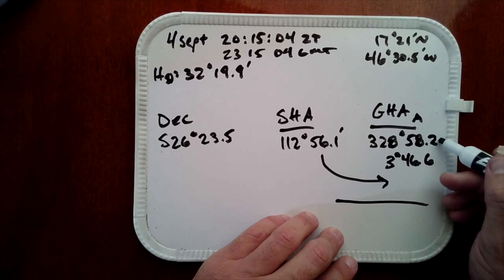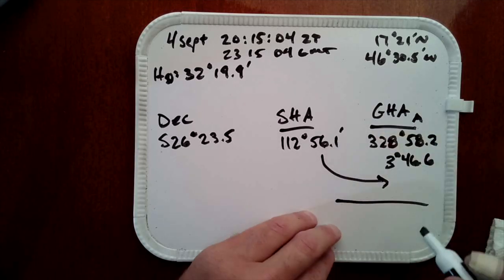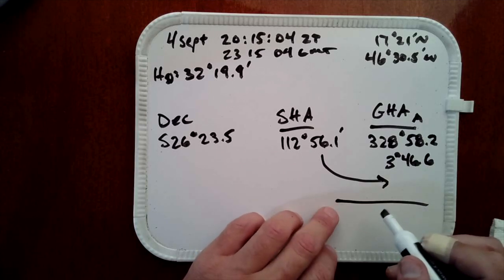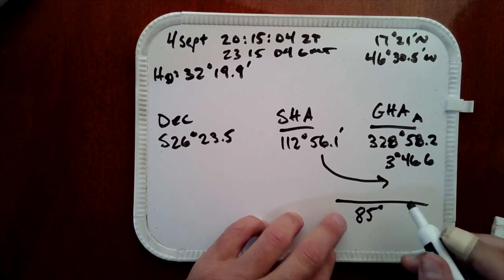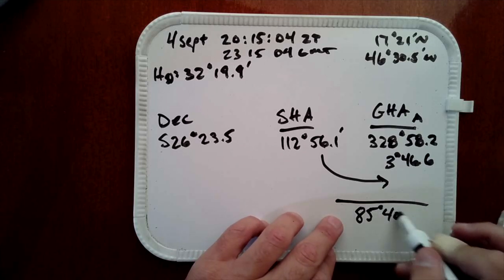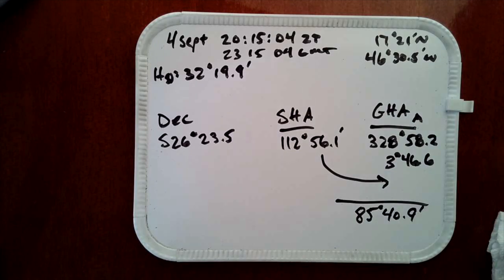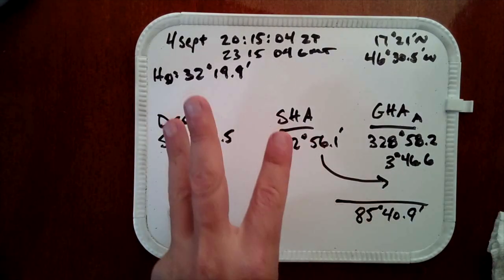So we total that up. We get the hourly GHA, the increments of GHA and the SHA, that gets us a total GHA. If we subtract 360 degrees, we get 85 degrees 40.9. You can always subtract 360 if you get too high there. So we've got our declination, we've got our GHA, step 2 complete. Moving on to step 3.